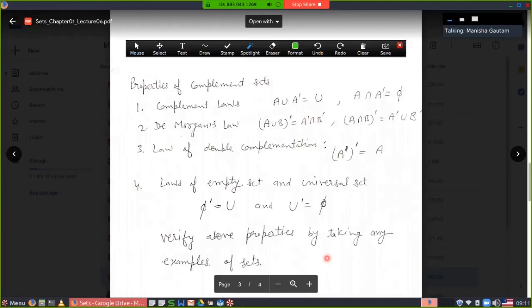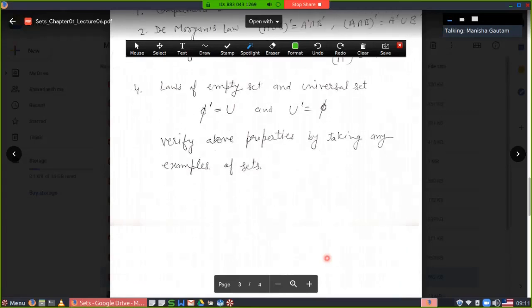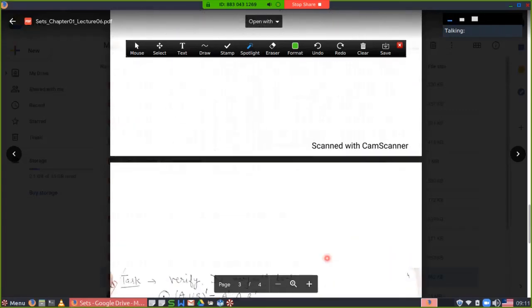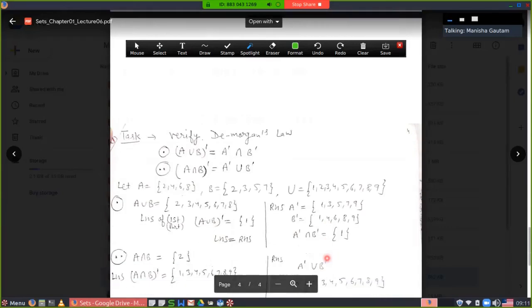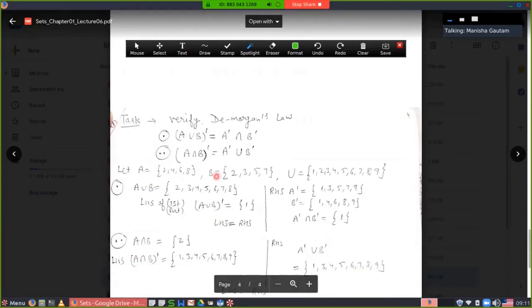Now here I am just showing you the second verification, De Morgan's law verification. Yes, the first part of De Morgan's law is A union B whole complement is equal to A complement intersection B complement. Now for verification of this, take set A having elements 2, 4, 6, 8, and B a set having elements 2, 3, 5, 7, and the universal set having elements 1 to 9.